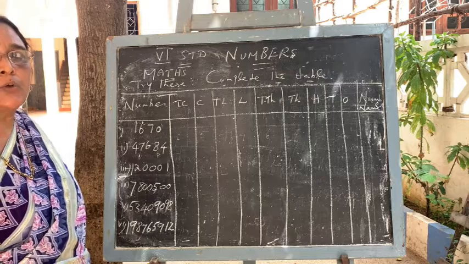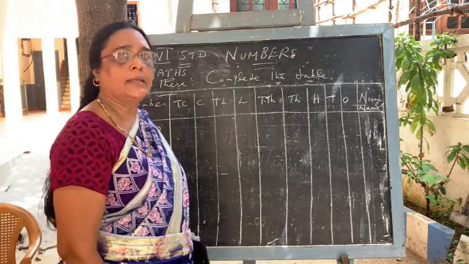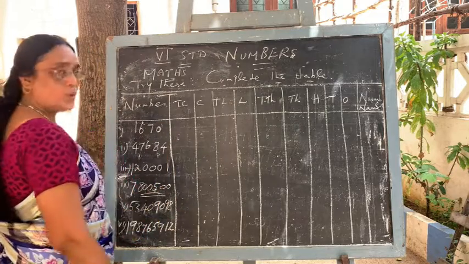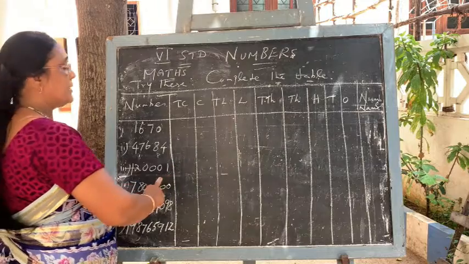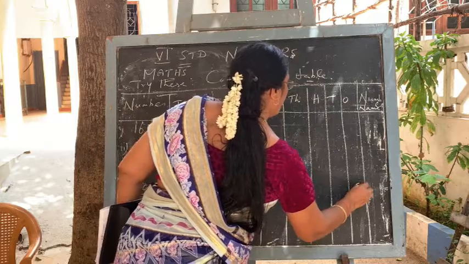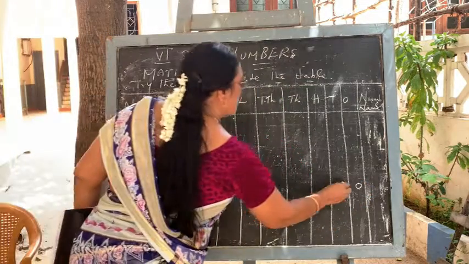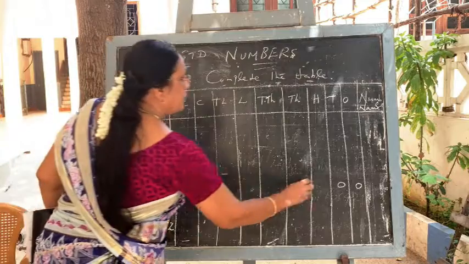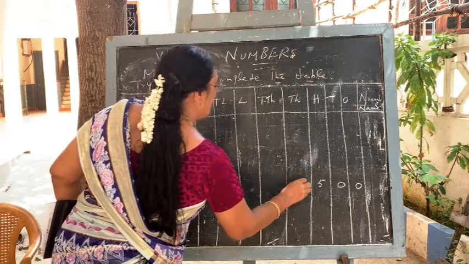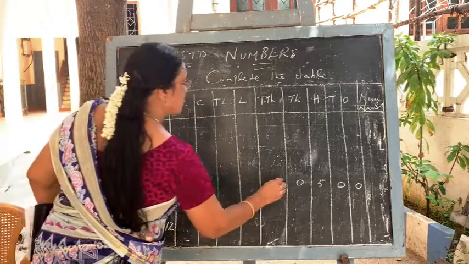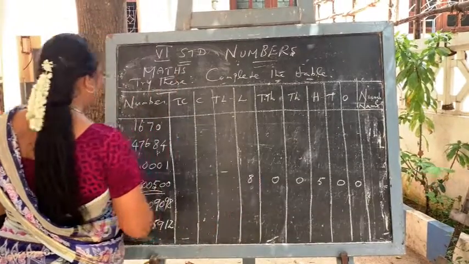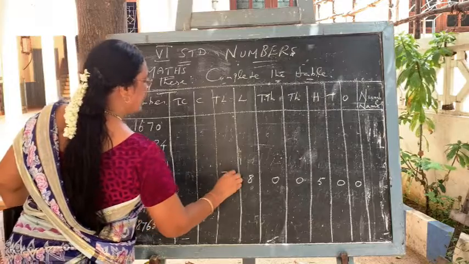Ones, tens, 100, 1,000, 10,000, lakh, 10 lakh, like that. Now if I take this number, the fourth one, I am going to fill it from the ones. What is the ones column? Ones column is 0. Then tens also 0. The 100 place 5. Then for 1,000 0. Then for 10,000 that is also 0. Then for a lakh 8. And then for 10 lakh 7.